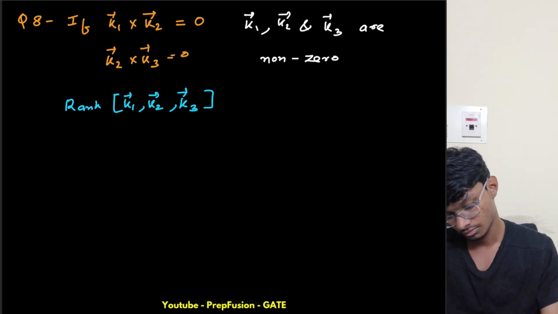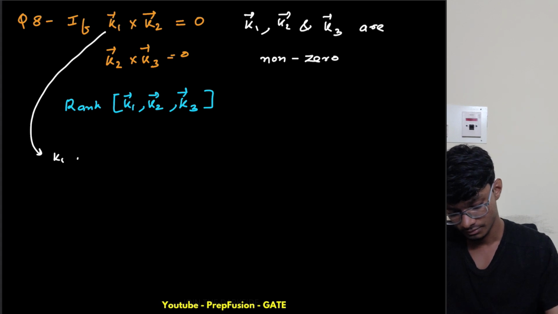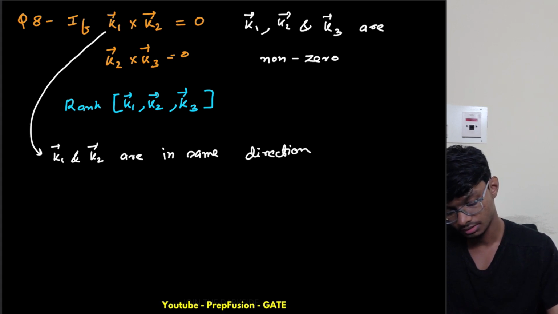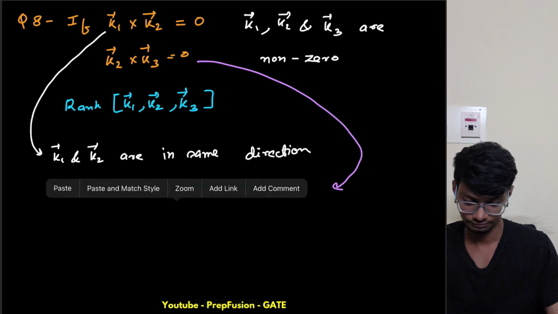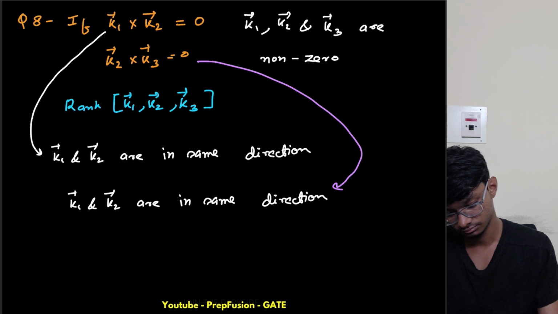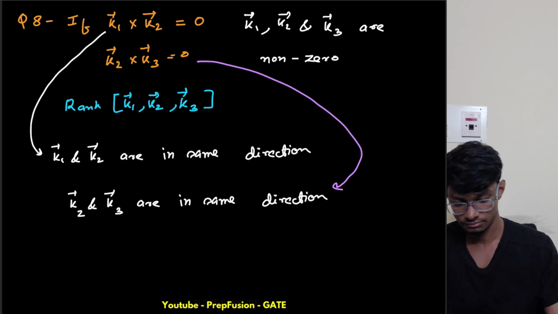So this means k1 and k2 are in the same direction, and this also means the same thing: k2 and k3 are in the same direction.